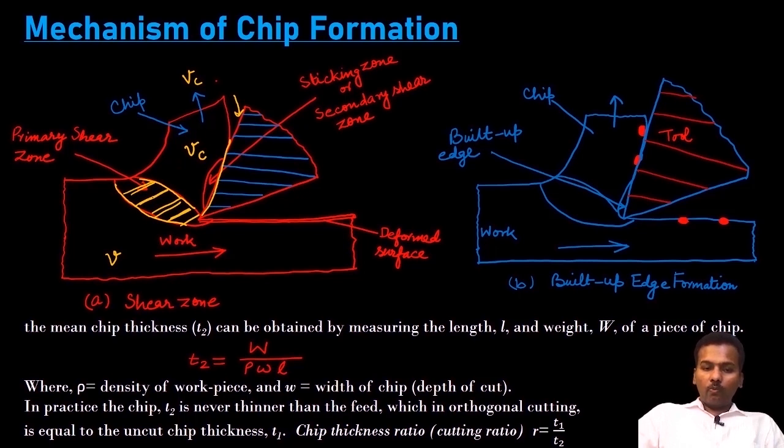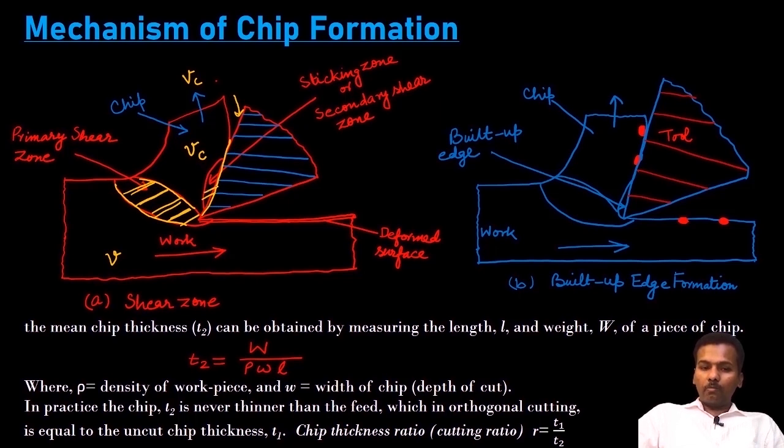When the chip flows in contact with the rake surface, it even adheres to the surface. There is sticking also: while flowing, it sticks and adheres to the rake surface, and due to this sticking there is a minor deformation of the chip.